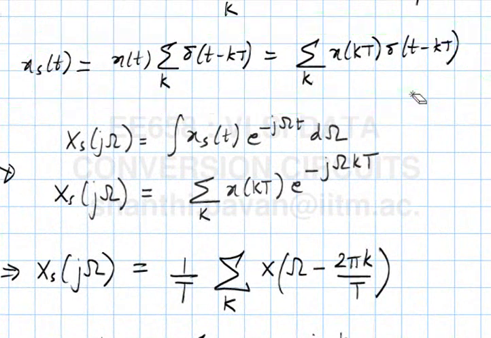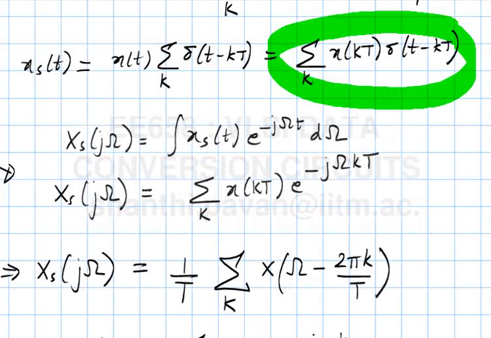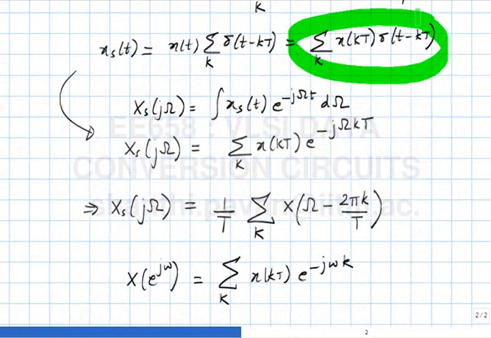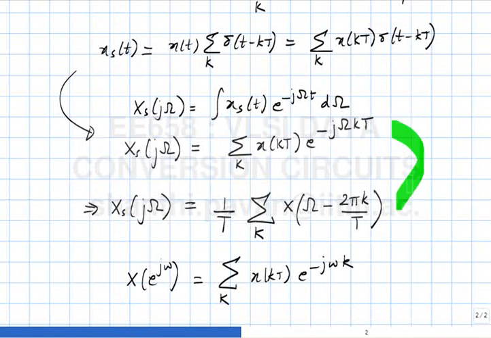This is nothing but a sum of many terms, and I'll take the Fourier transform term by term. Each term is x of kT delta of t minus kT. So its Fourier transform must be x of kT multiplied by the Fourier transform of delta of t minus kT, which simply is e to the minus j capital omega times kT. Correct? So these two expressions are equivalent.